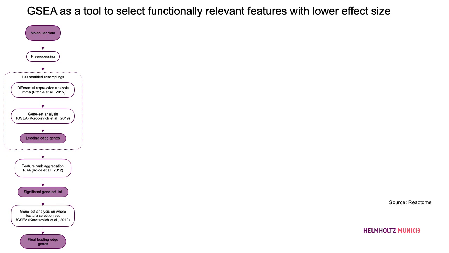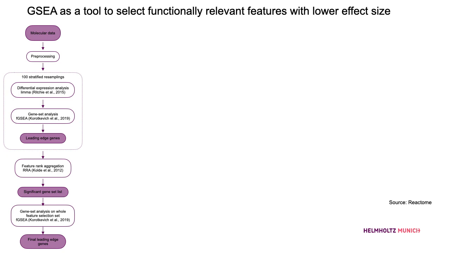So basically, after pre-processing, I did differential expression analysis followed by gene set enrichment analysis to extract a significant list of the signaling pathways for the phenotype of interest. And then after 100 stratified resamplings, I got 100 lists of significant gene sets.